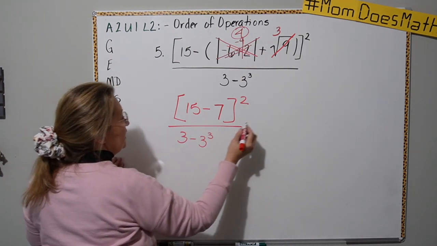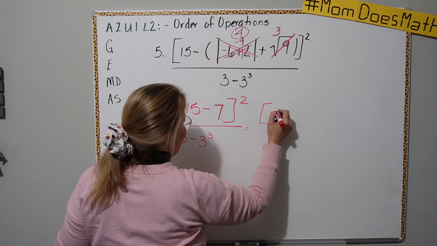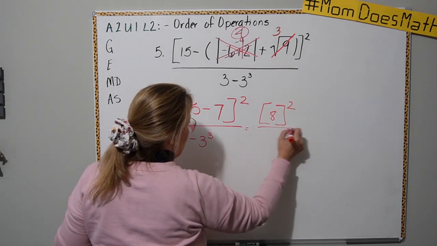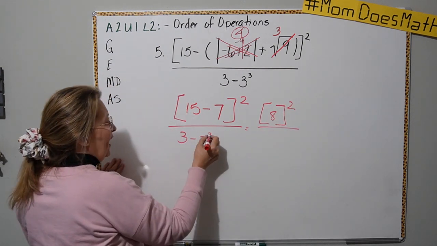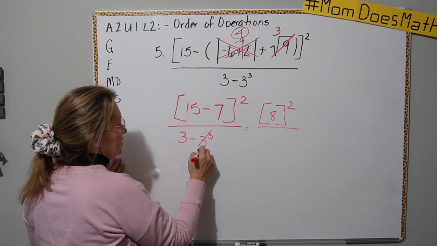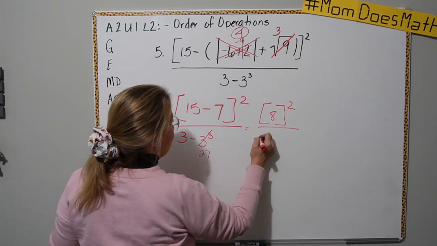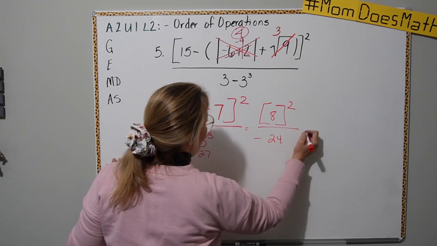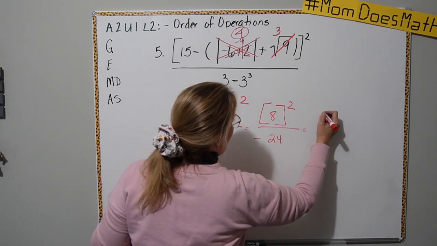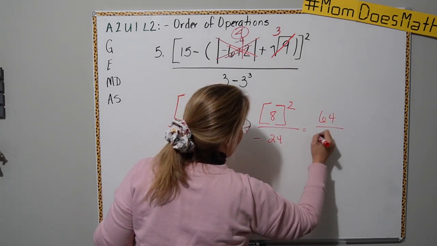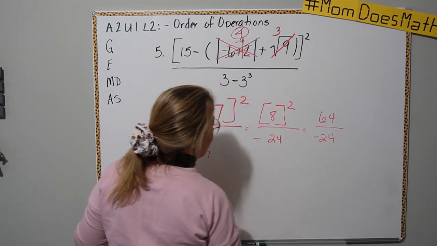All right, 15 minus 7 is 8, so you have 8 squared. 3 to the third power, 3 times 3 is 9 times 3 is 27, and 3 minus 27 is negative 24. So what you have at this point is 64 over negative 24.